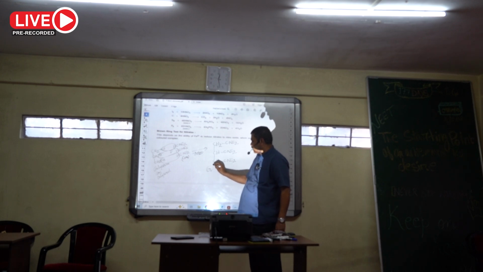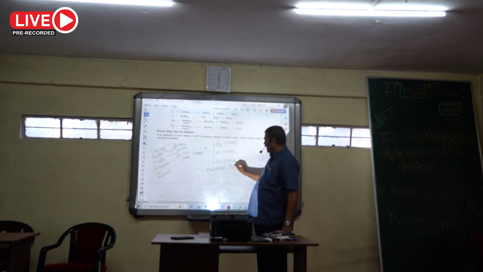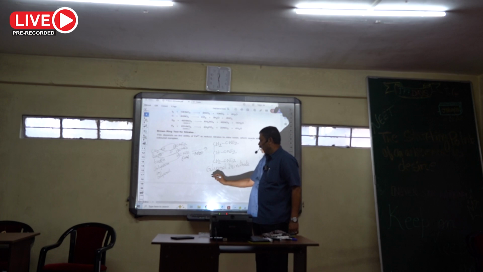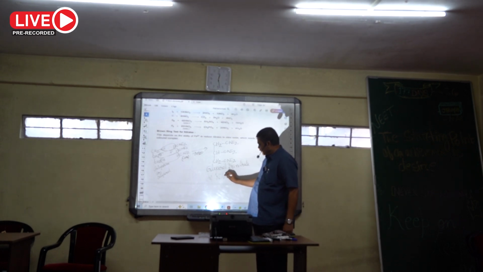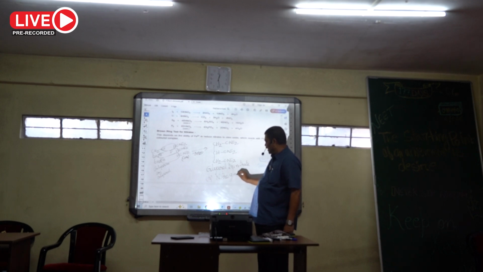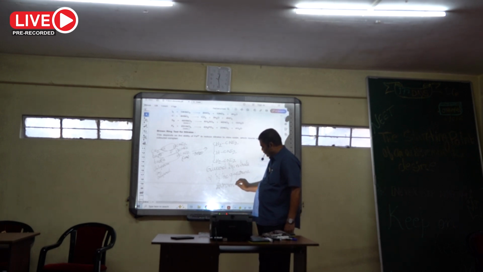It is called glycerol trinitrate or nitroglycerin. Nitroglycerin. Or popularly called dynamite, an explosive.